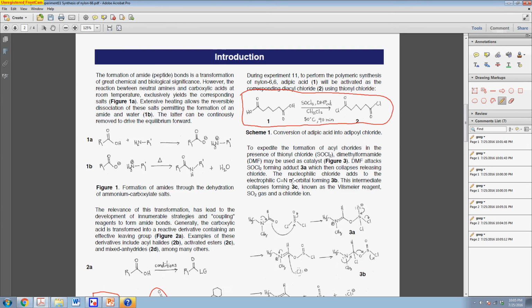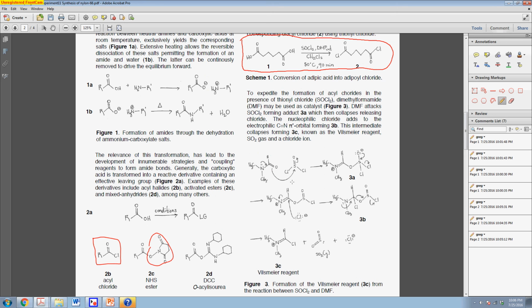The use of DMF allows us to make in situ something called the Vilsmeier reagent. I'm not going to go into depth on what the Vilsmeier reagent is, but suffice to say that thionyl chloride is a strong chlorinating agent on its own, so this can effectively make acid chlorides. The Vilsmeier reagent can make acid chlorides even more efficiently than thionyl chloride.